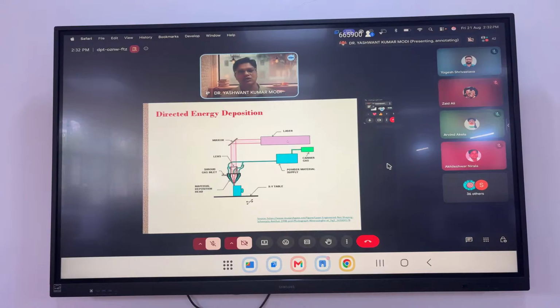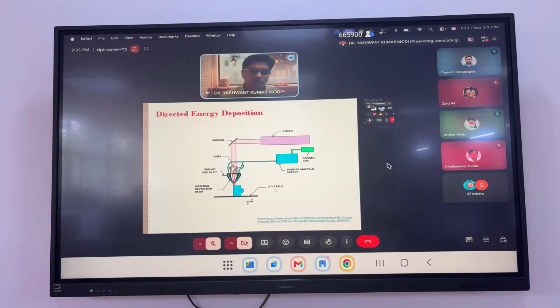In this process, raw material is used in the form of powder. There is no bed actually. A bed of powder is not there. Instead, powder is impinged onto the substrate when required, and simultaneously it is cured by the laser beam. A laser beam is there centrally, and four or five annular paths are there through which powder is dispensed as per the requirement.